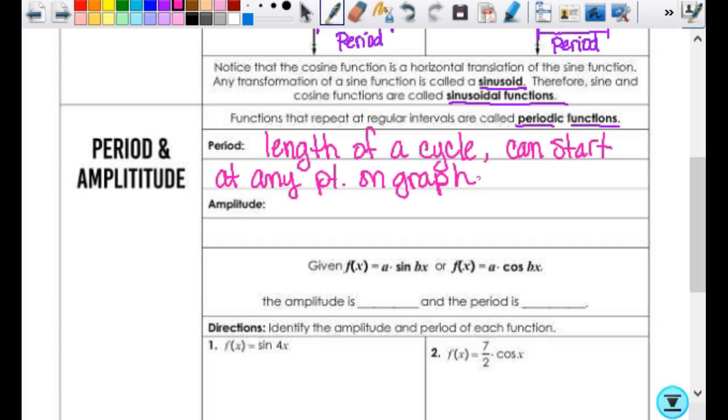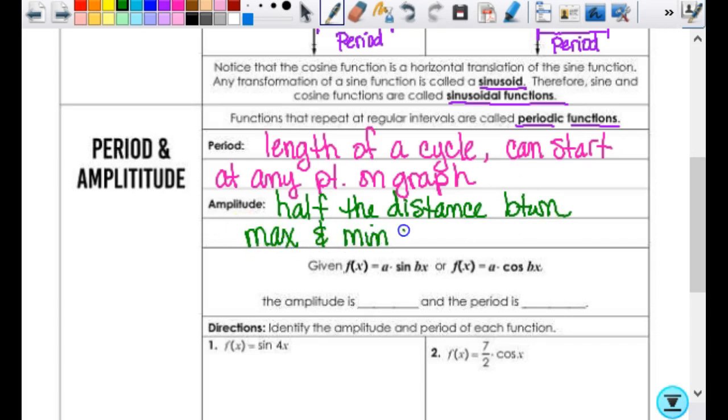It'll make all the graphing a whole lot easier. The amplitude, remember, is half the distance between max and min values. Okay. Half the distance between max and min values.